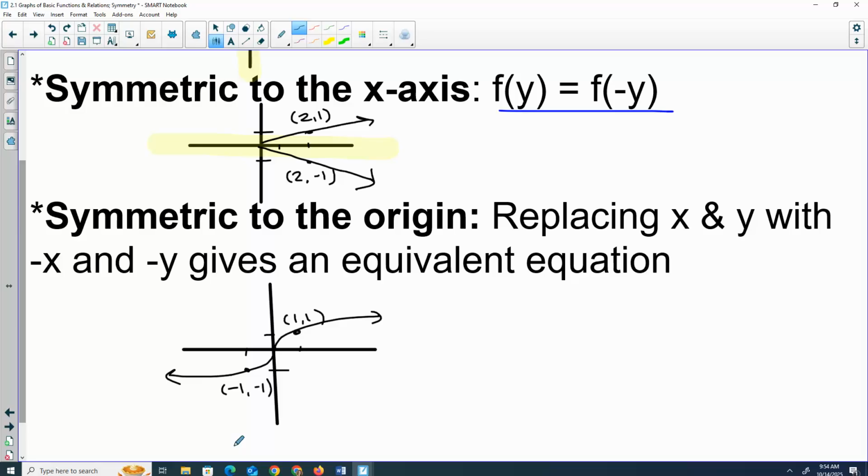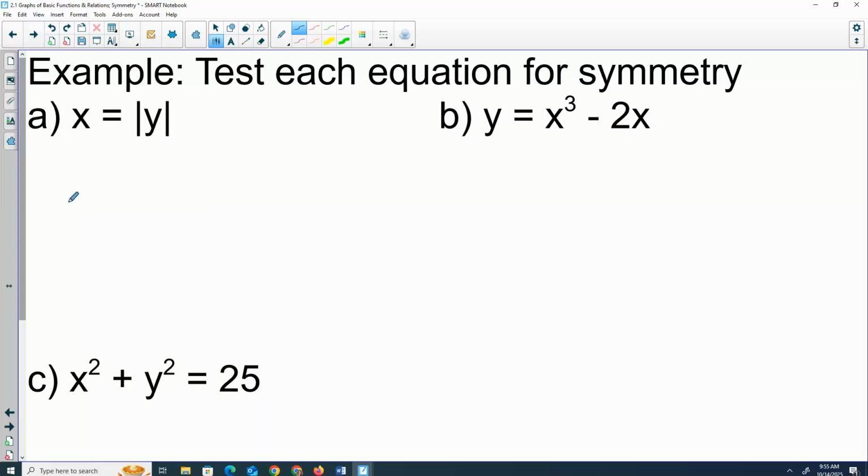So that's the 3 types of symmetry that we might see with our graphs: x-axis, y-axis, origin. If we're looking at a graph, then it's not too hard to tell. If we're looking at the equation, it takes a little more work.